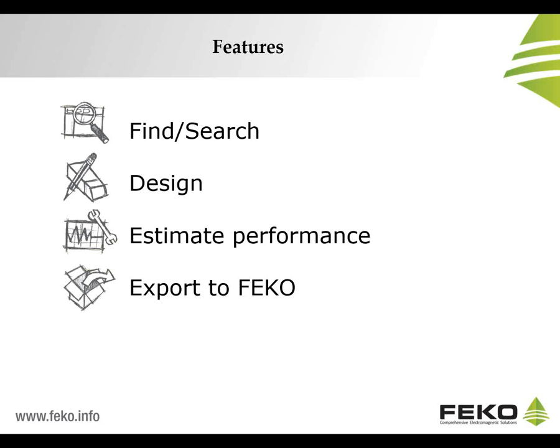Antenna Magus can also be used to estimate the performance of this design, and it can then export this model to FEKO, or as I mentioned previously, to CST as well, so that you can simulate this antenna on its own in a lot of detail, modify it, tune it, add it onto a structure maybe for antenna placement analysis, and so forth.